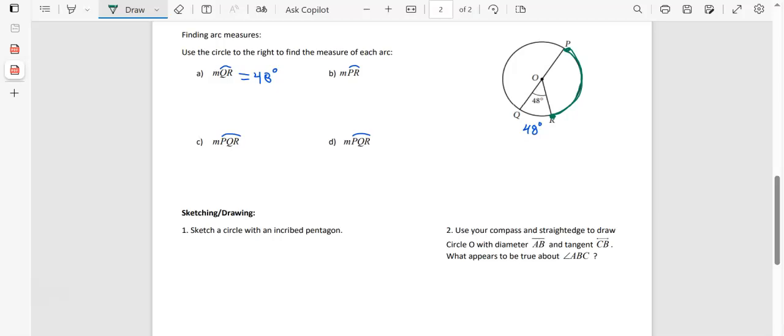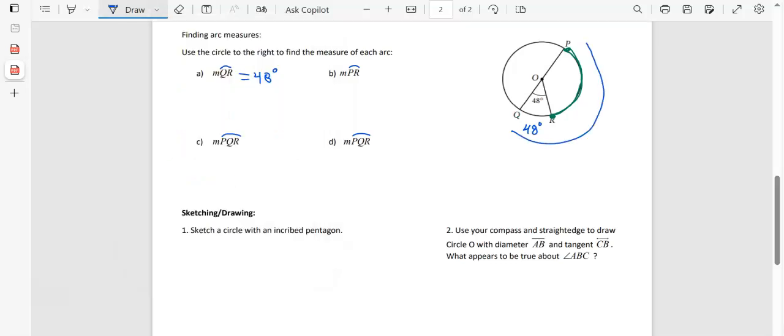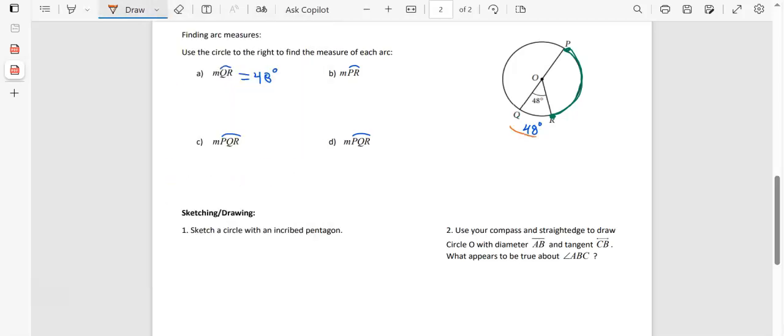Well, we know that QP is a diameter, so that has a measure of 180 degrees, which means the measure of semicircle QRP, I meant to put that in red, has a measure of 180 degrees, and similar to angle addition or subtraction, if this whole arc is 180 degrees, if we subtract off the piece that we already know, we can go ahead and get that the measure of arc PR is 132 degrees.